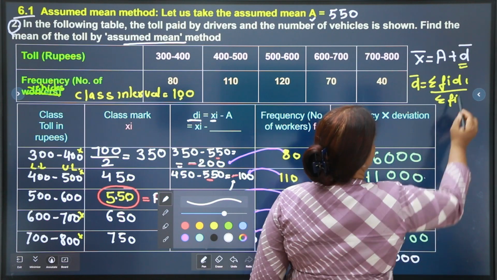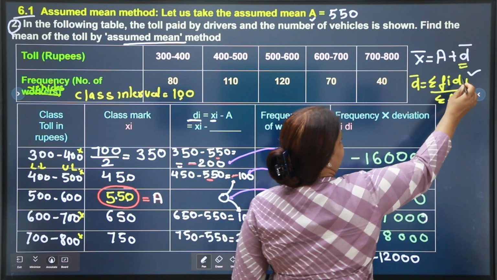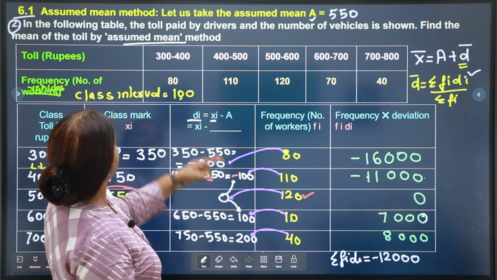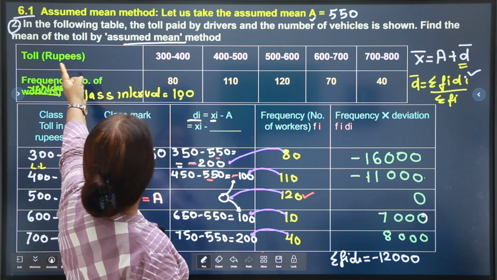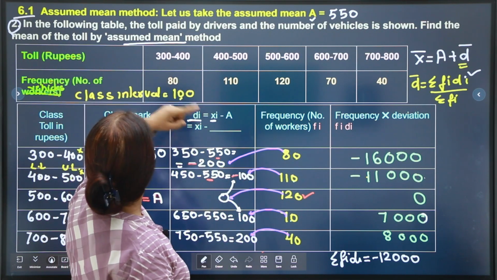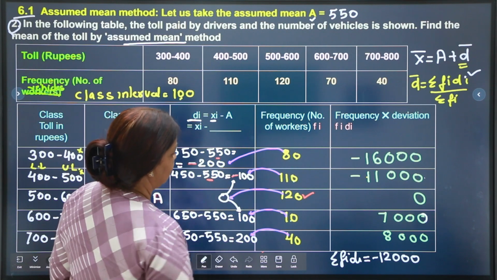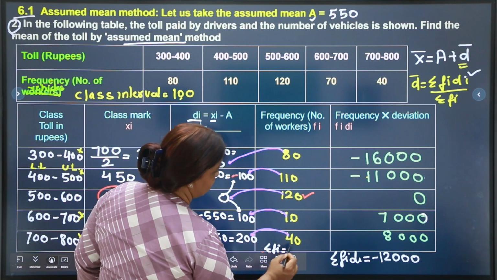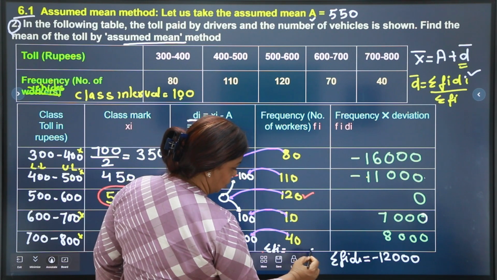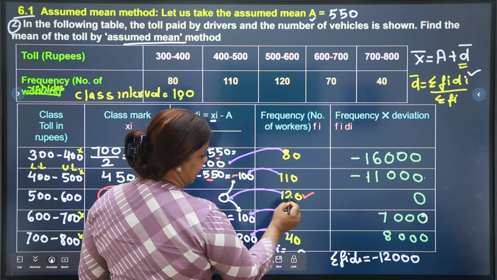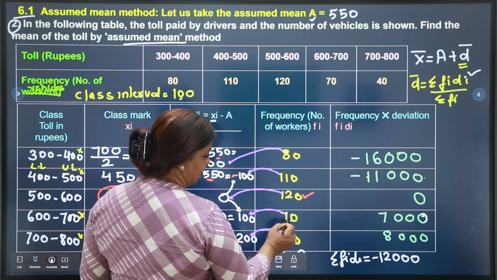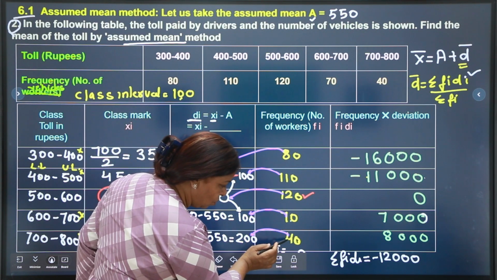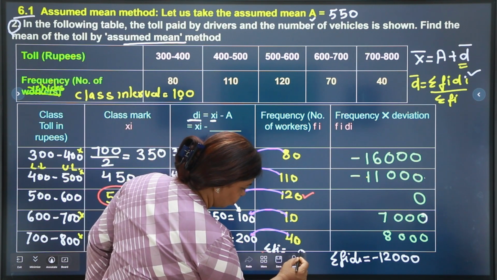So summation of FiDi is minus 12,000 and summation of Fi. Summation of Fi we need to find out by adding the frequencies. Summation of Fi is equal to 0, 0, 0, 0, 0. 8 plus 1, 9, 10, 11. 11 plus 7, 18. 18 plus 4, 22.